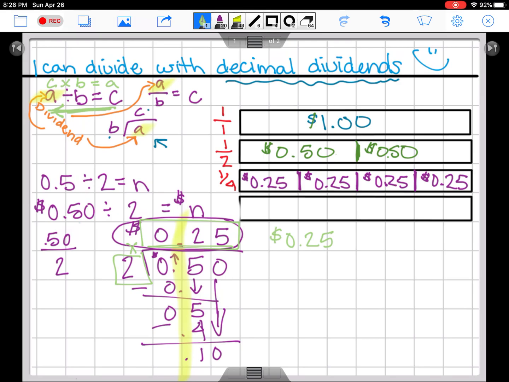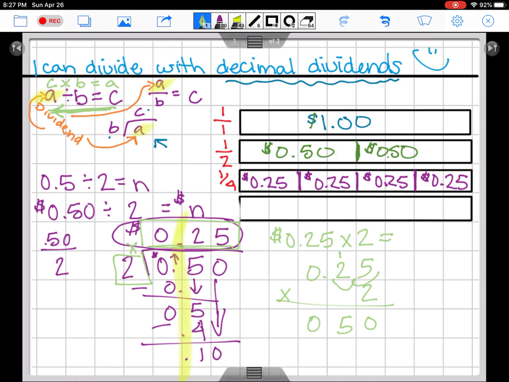In this case, the quotient c is 25 cents multiplied by b, our divisor, which was 2, and it should equal our dividend, 50 cents. Let's check that. 25 multiplied by 2. 5 times 2 equals 10.